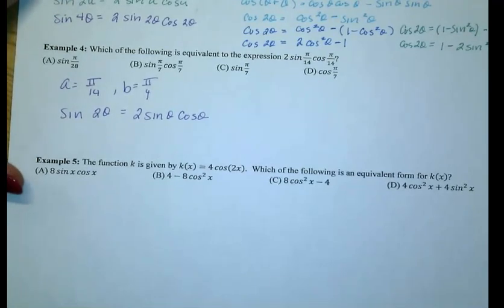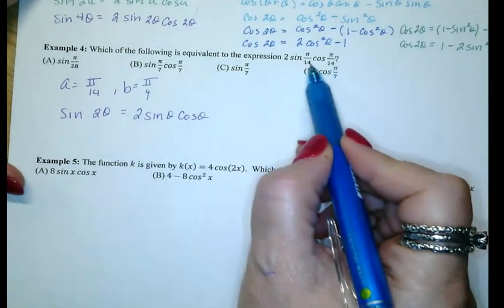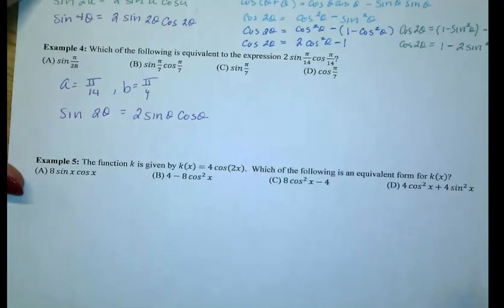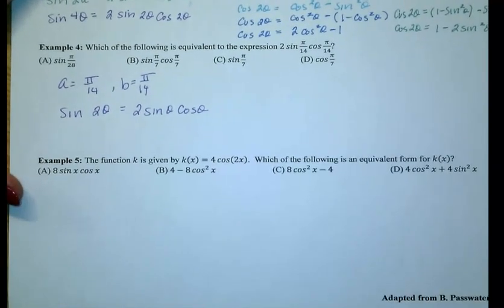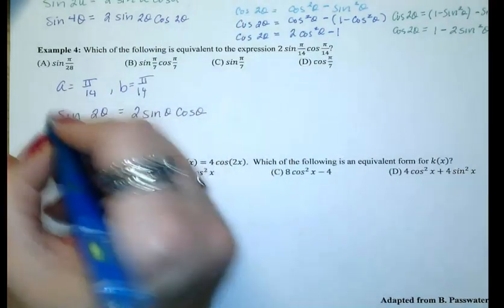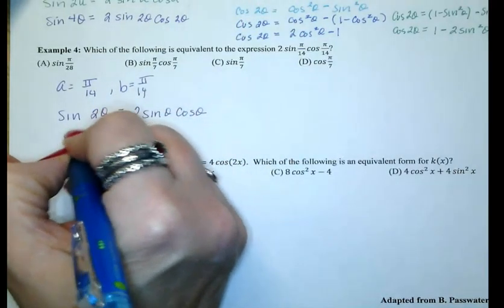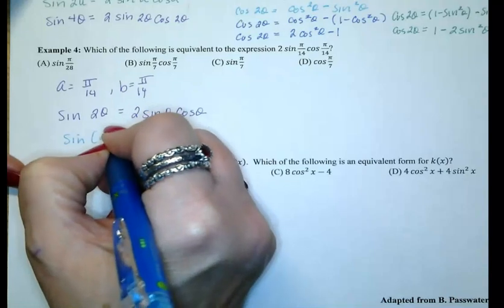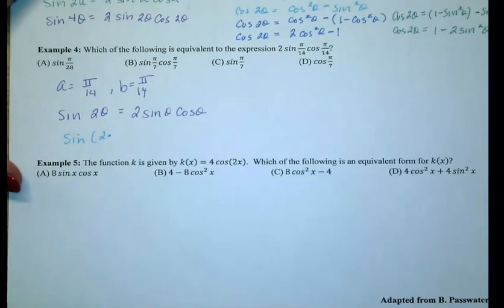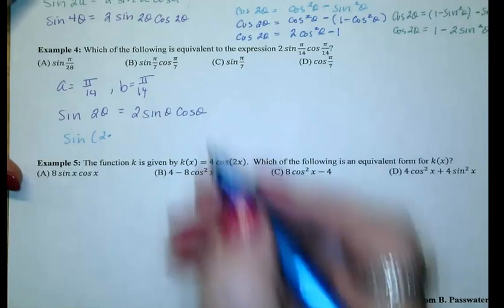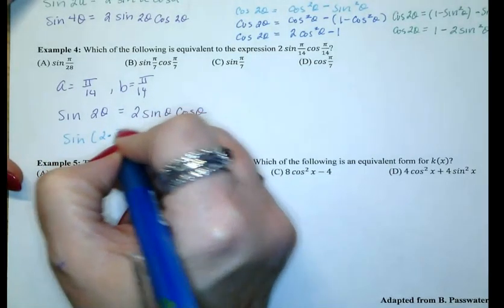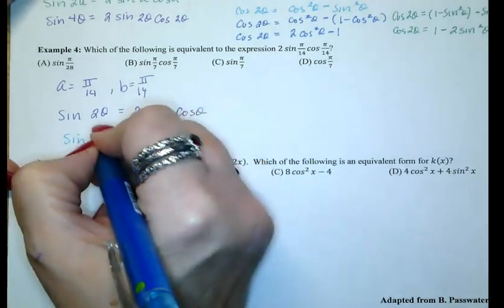So keeping that in mind, now we do know that both of these angles are the same thing, right? So I can look at what that might look like. So if I look at this piece right here, I'm going to say sine of 2 times, and what in this problem would be my theta? My A and my B are the same angle, so my theta is pi over 14.